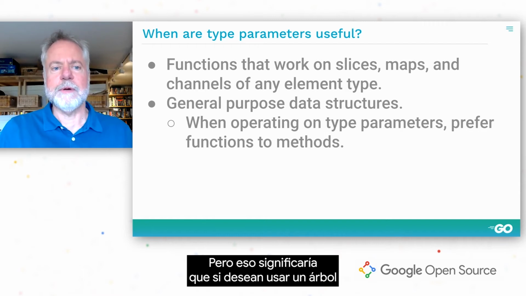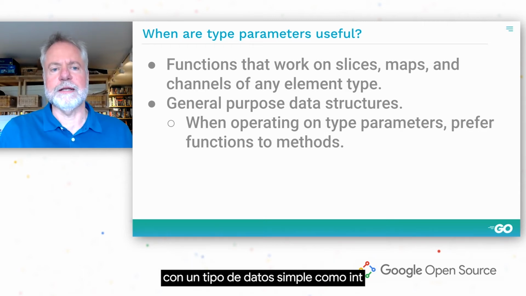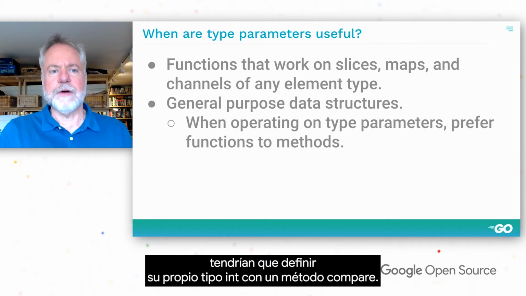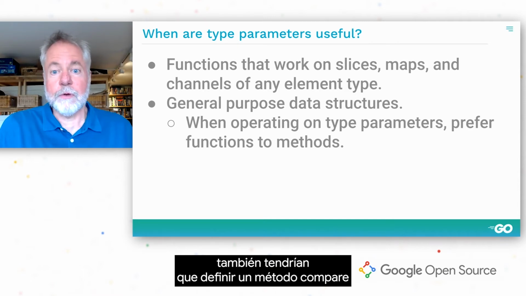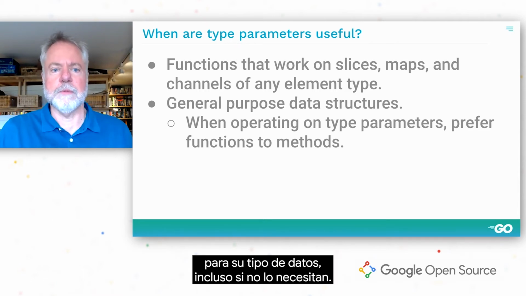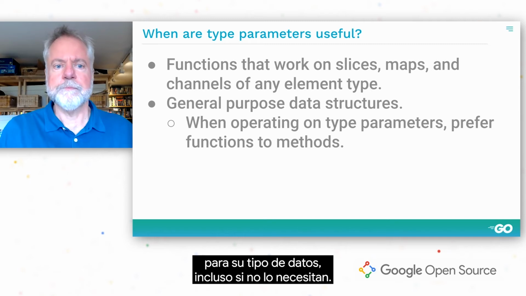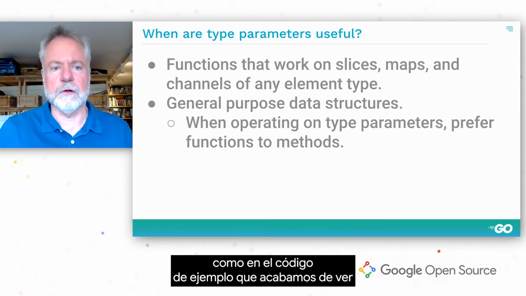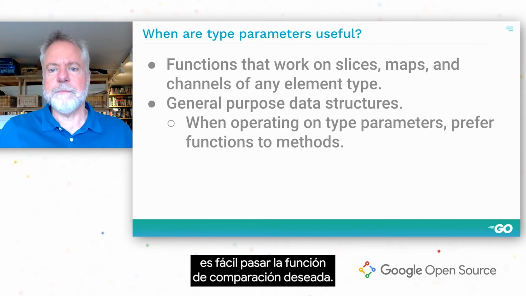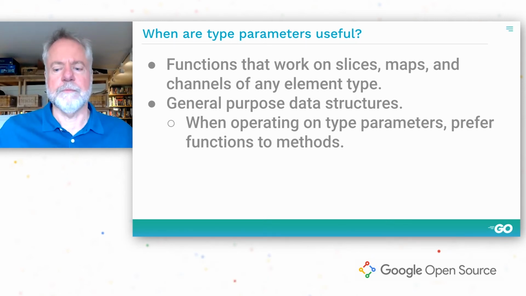But that would mean that anybody who wants to use tree with a simple data type, like int, would have to define their own int type with a compare method. And anybody who wants to use tree with a custom data type would also have to define a compare method for their data type, even if it's not otherwise needed. If we define tree to take a function, as we did in the example code that we just saw, then it's easy to pass in the desired comparison function.